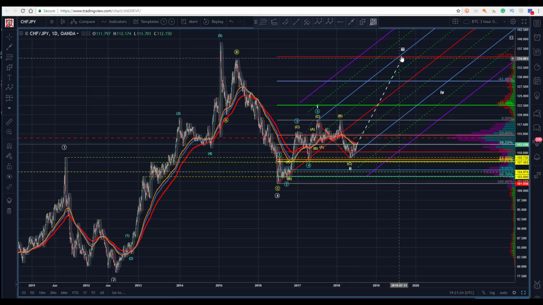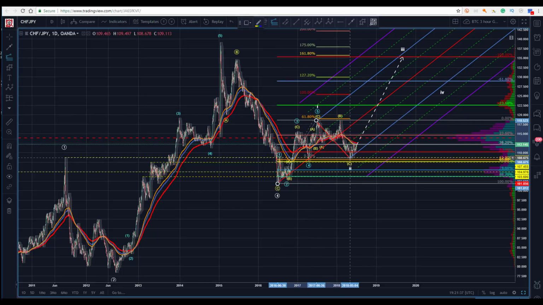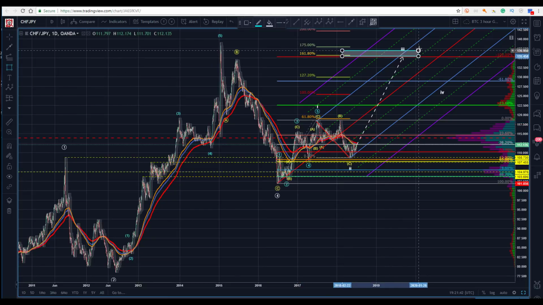High probability here. We know the most likely target up here is going to be the 1.618, 1.75. I'll just show you again for any of you that have not seen this or gotten comfortable with it. Take the length of the 1 wave projected from my wave 2 low, and we know that's the highest probability for a wave 3, if we're going to get a wave 3.